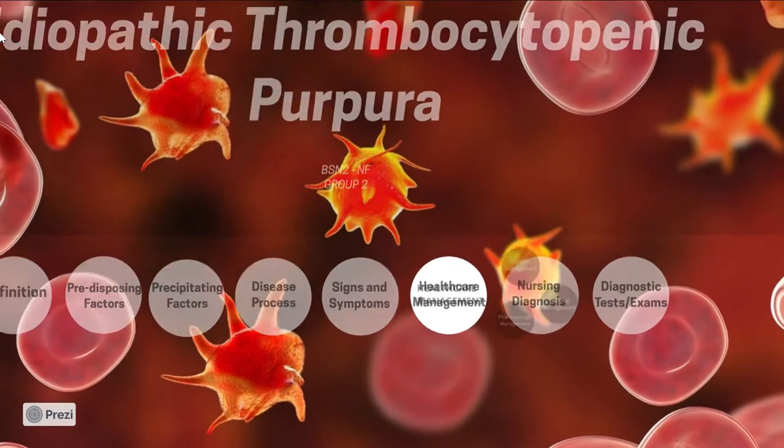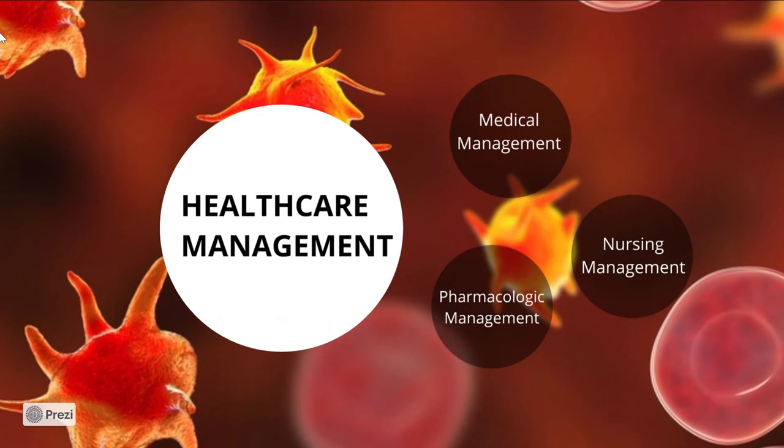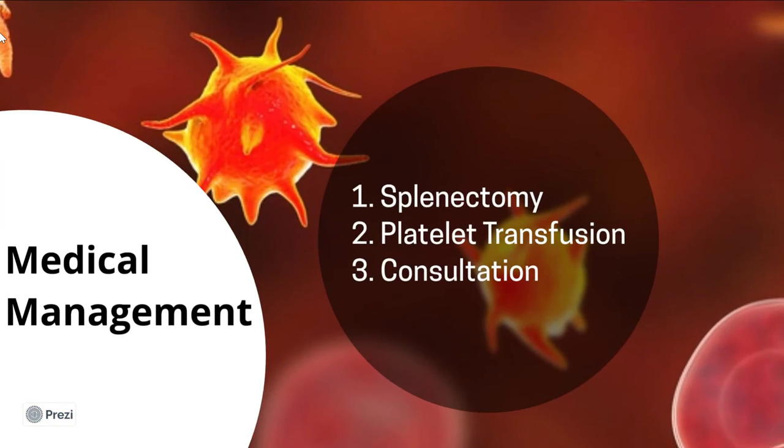For the healthcare management, let us begin with the medical management. Treatment may include a number of approaches. First is splenectomy, spleen removal, as this organ makes antibodies that help fight infections. In ITP, these antibodies destroy platelets by mistake. Second is the platelet transfusion.